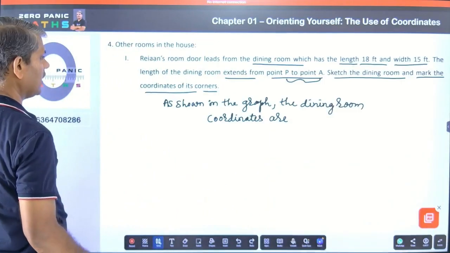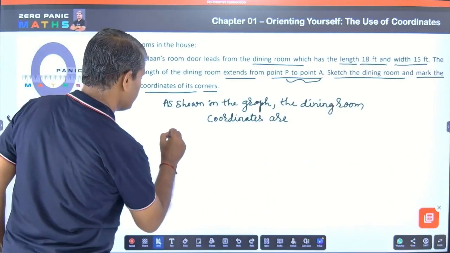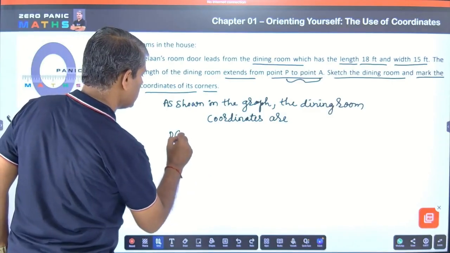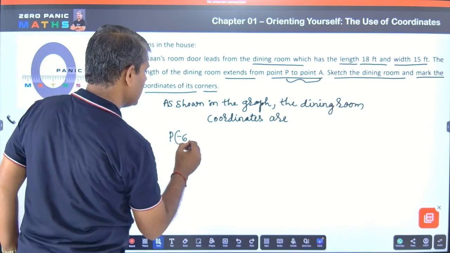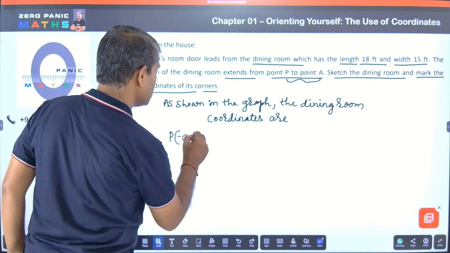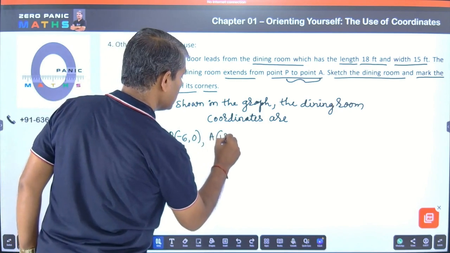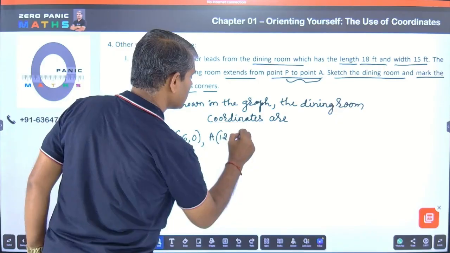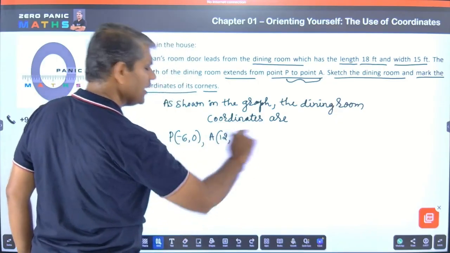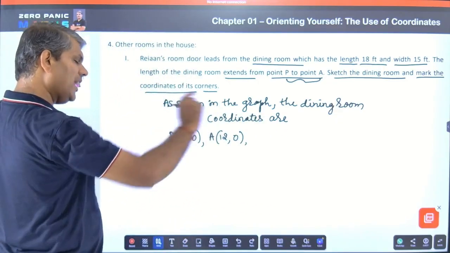Let us write what P is. P is minus 6 on the x-axis and 0 on the y-axis. A is 12 on the x-axis and 0 on the y-axis, so it is on the horizontal x-axis only.